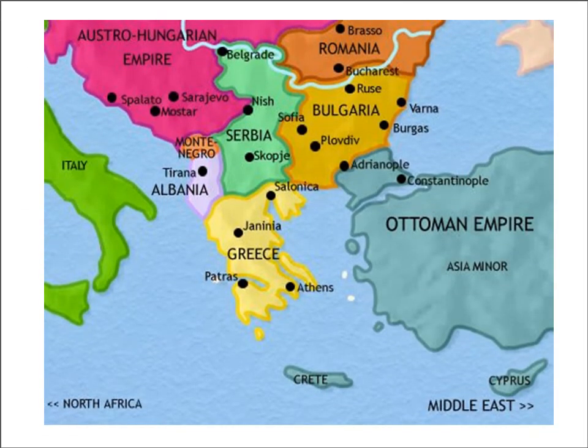All right, so now this is the area of the world where things are going to get really interesting. This area is known as the Balkans. Okay, so in 1908, Franz Joseph, who is the Emperor of Austria-Hungary, annexed Bosnia-Herzegovina, which is down in the lower part of Austria-Hungary, and that really made the Serbians mad because they felt that Bosnia should belong to them.